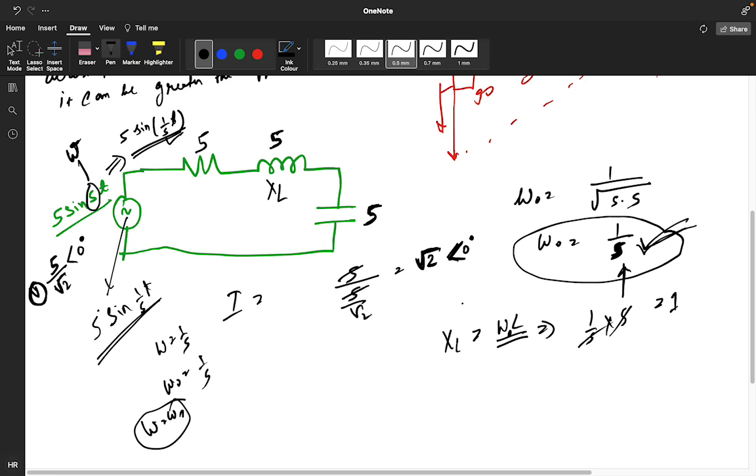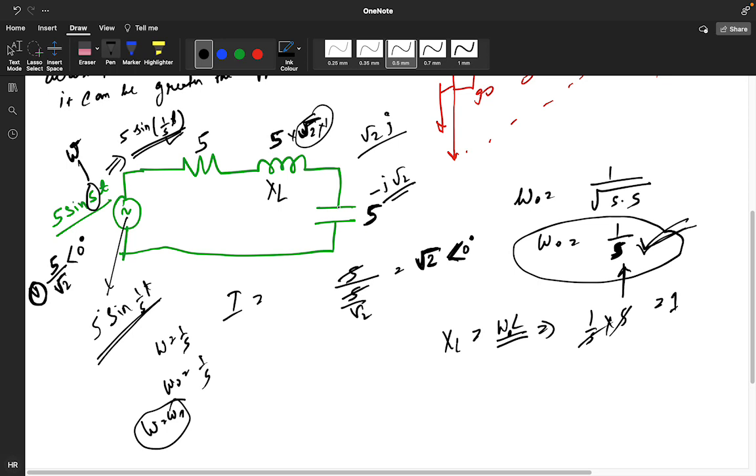And 1 into root 2, so you are getting root 2 voltage, j root 2, and here you are getting minus j root 2. Okay, so 5 divided by root 2 is greater than 5 divided by root 2. So here the case that we want is not possible.